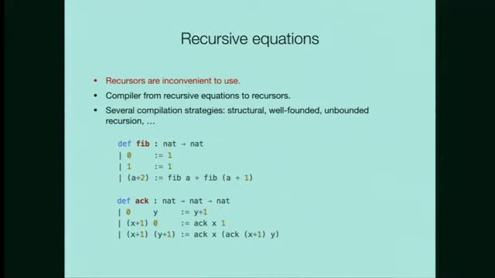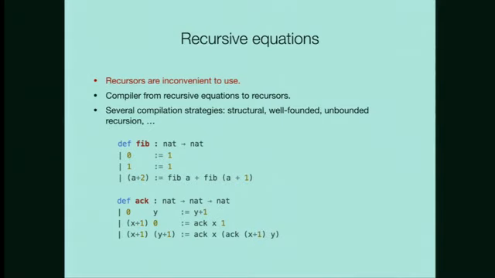As I said, in Lean, we have recursive equations. No, sorry, we have recursors. But recursors are horrible to use, right? I mean, if you have to define your functions using recursors, you're probably not going to be very happy. So in Lean we have a compiler that compiles these recursive equations, like the ones you write in Haskell, into recursors, right?